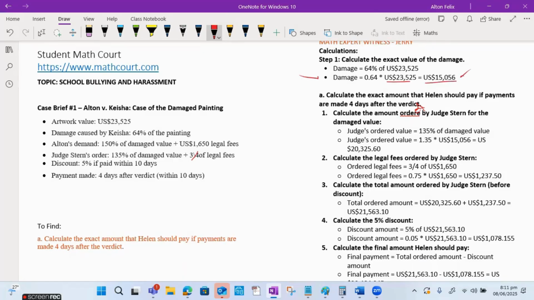Well done, Jerry. And in addition to that, there is 135% of that value, which is part of your damages. Notice 135% means 135 out of 100 if you want to write that as a fraction.